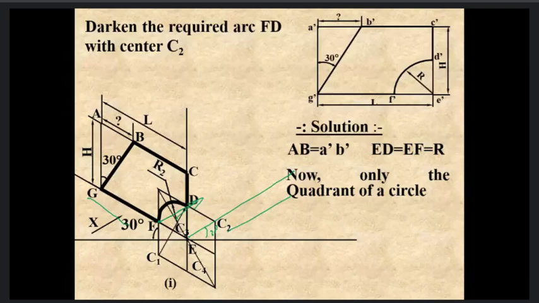Instead of making such cases, if I want to draw such a figure, I am going to convert it into the form of a rectangle at an angle of 30 degrees. So first I will draw the rectangle over here.